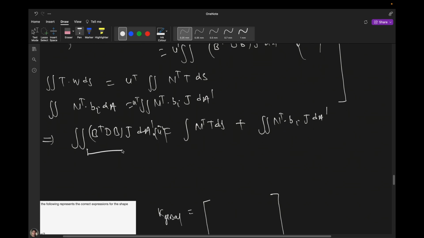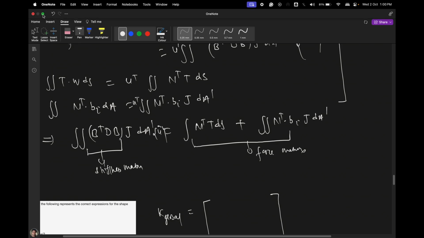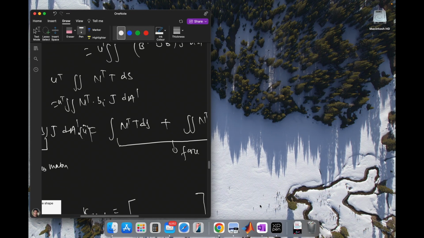So this part will be the stiffness matrix, and these two parts will be the force matrix. So the main part is to get B, to get the stiffness matrix. Let's try to understand this in the code.